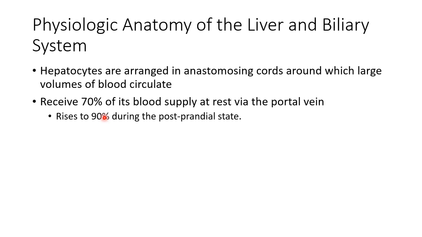All of that blood that goes into the gastrointestinal tract by way of the celiac, SMA, IMA, of course, returns back into the systemic circulation. But it has to pass through the portal vein. So that is why it rises in the postprandial state.